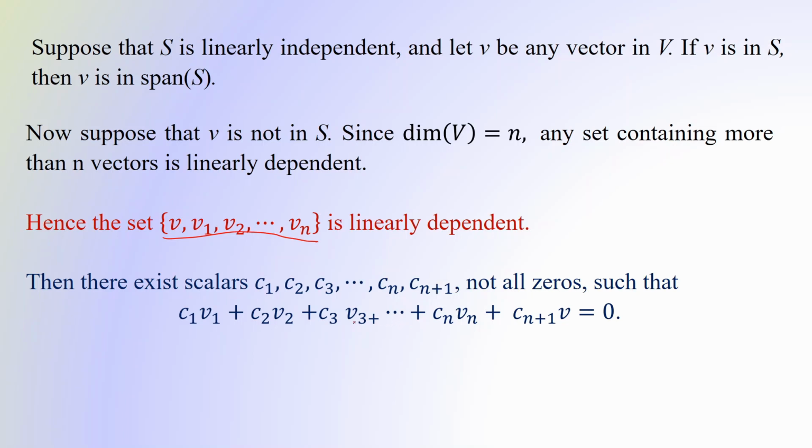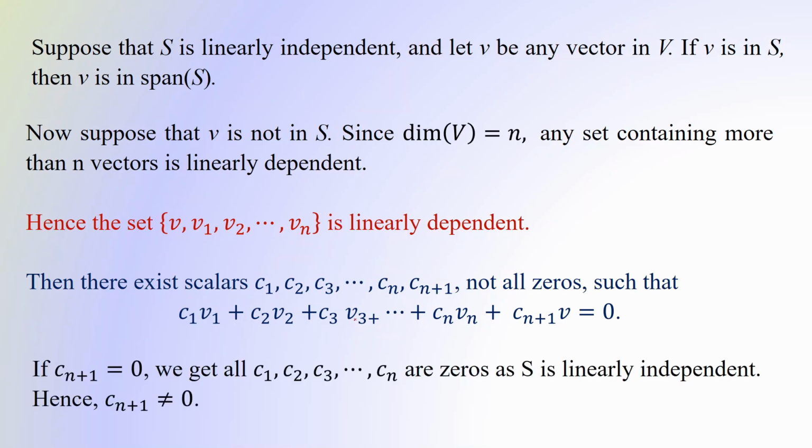Suppose that c(n+1) is equal to 0. In this case, this term disappears. Then you have c1 v1 + c2 v2 + c3 v3 + ... + cn vn = 0. But you know that v1, v2, v3, ..., vn are a linearly independent set.